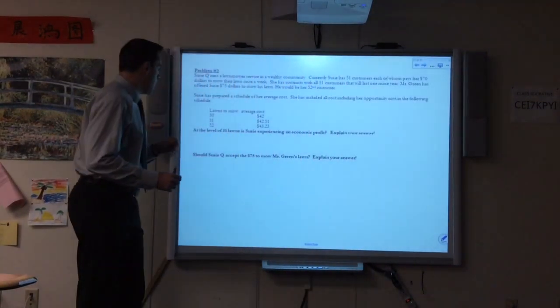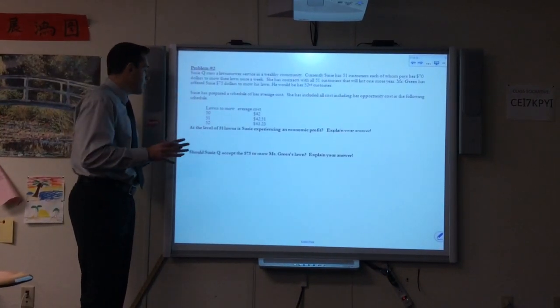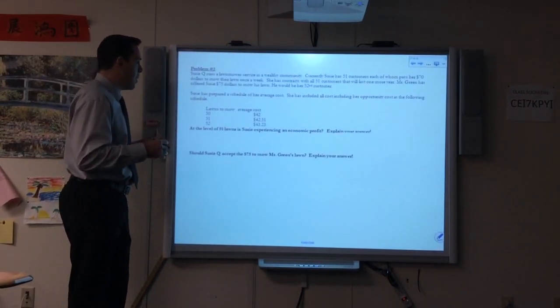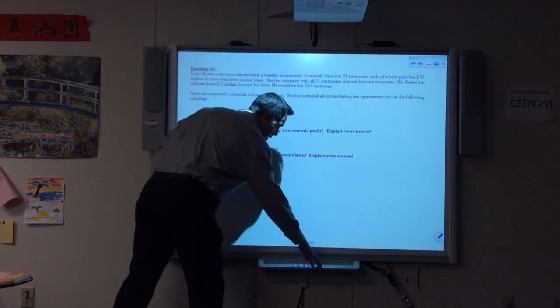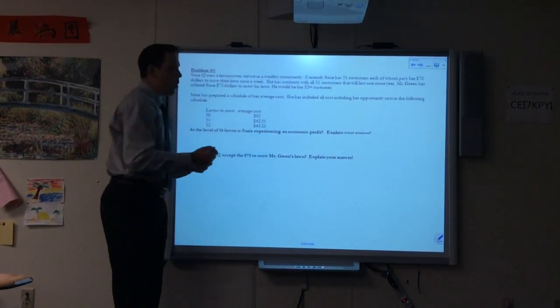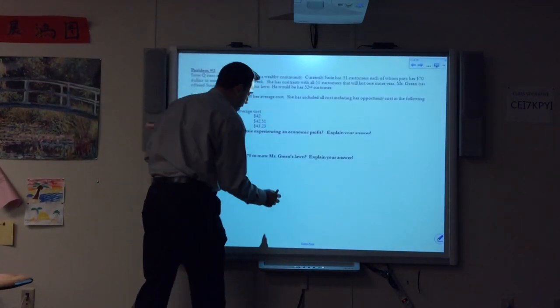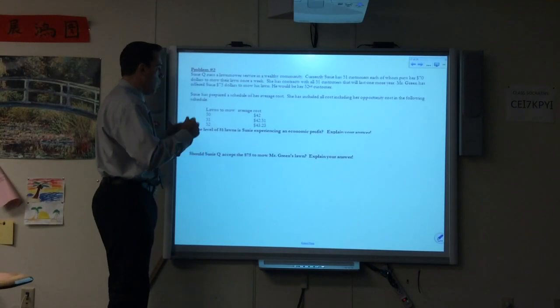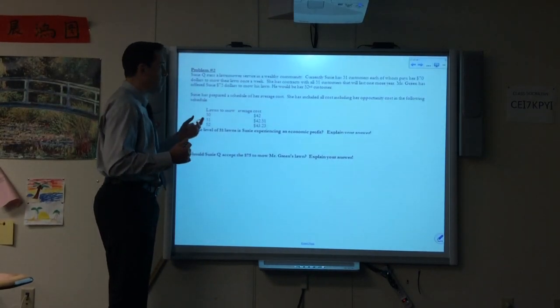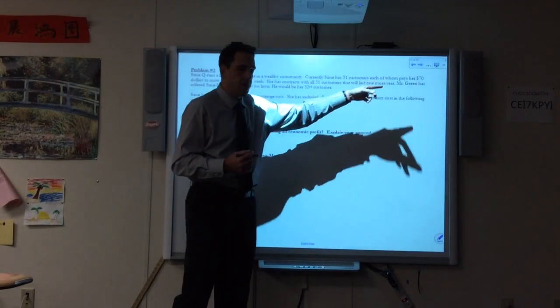For problem number 2, it's asking about Susie mowing lawns. Is she making an economic profit? Explain your answer. To solve this, the average cost includes her implicit cost. So you need to figure out what her total revenue is at 51 lawns. So it's 51 customers times 70.